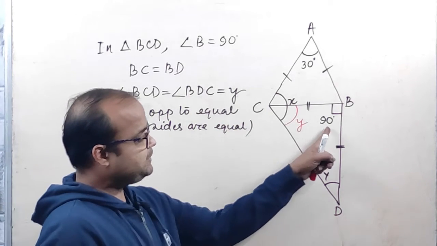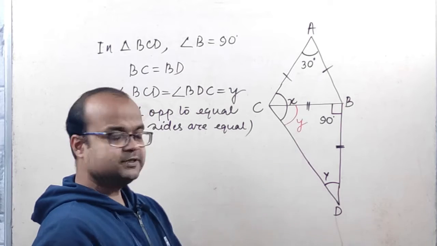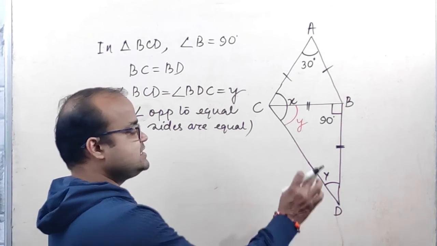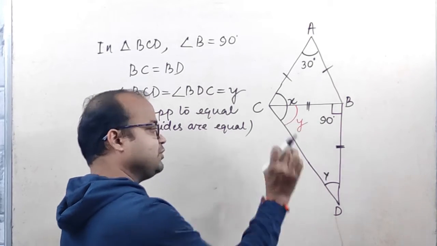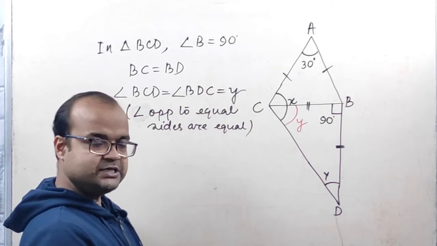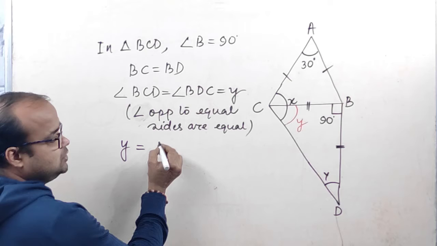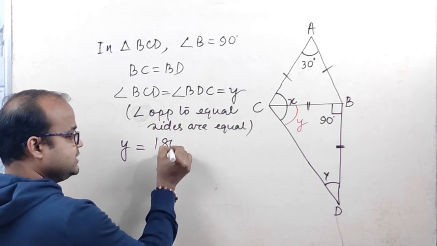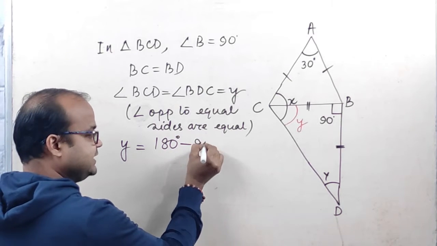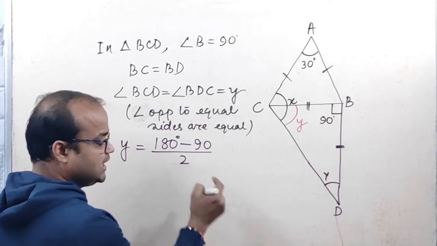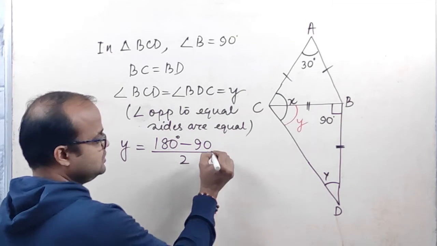So if we apply the angle sum property, we can say that 90 plus 2y equals 180 degree, or in short we can say that y equals 180 degree minus 90, by 2. In the last sum also I am using this formula.